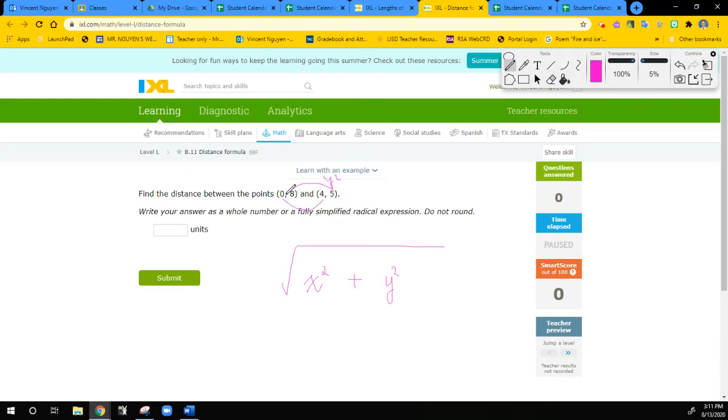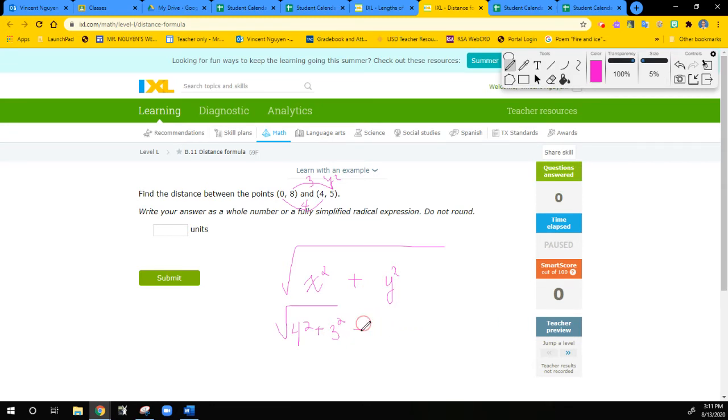So the distance from 0 to 4 would be 4. So to do this problem, I have the square root of 4 squared plus the distance from 8 to 5, that's 3 units, right? Because that's 3 units away from them, right? So I do 3 squared. Okay, so from here to here is 3. From here to here is 4. Okay, so I do a 4 squared.